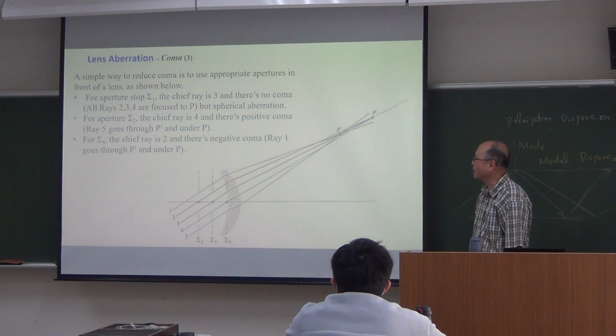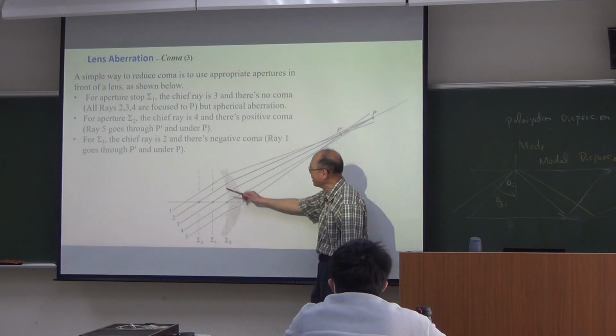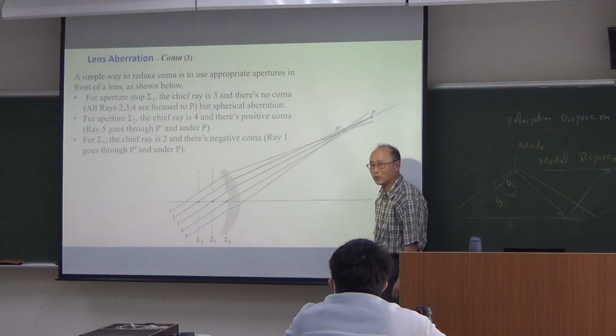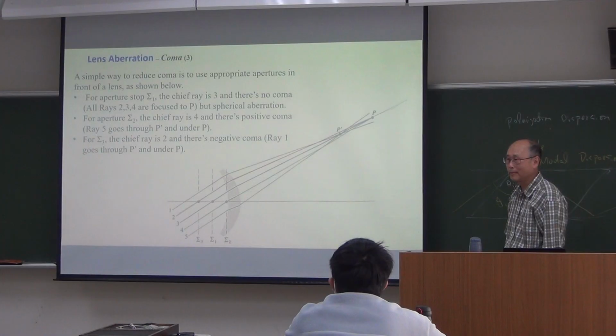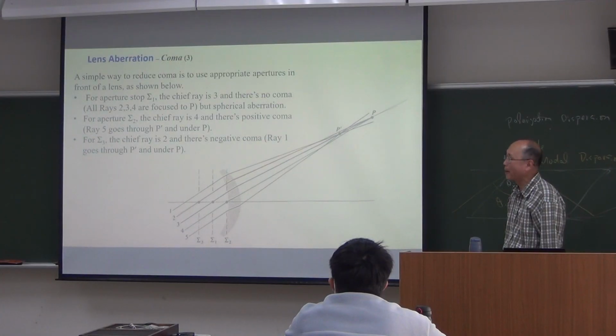So to remove coma, you can use apertures in front of this lens to limit the off-axis ray. This is one way to reduce coma.